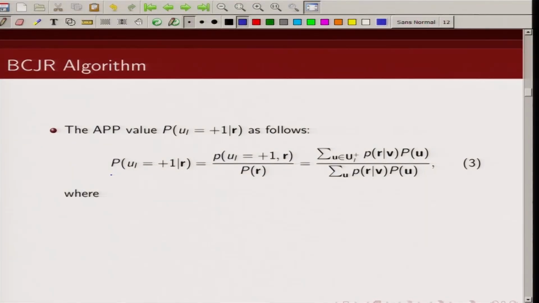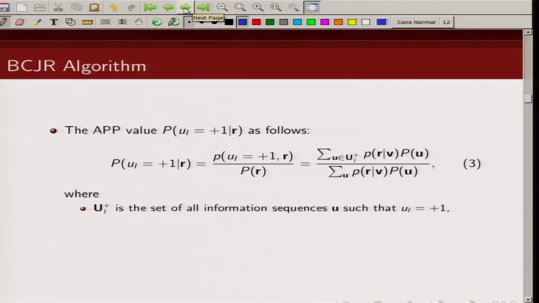Let us look at the probability of U_l being plus 1 given the received sequence R. This can be written as the joint probability of U_l being plus 1 and R, divided by the probability of receiving R. This can be written as the probability of R given V multiplied by the probability of U, summed over all input sequences that belong to the set where U_l is plus 1.